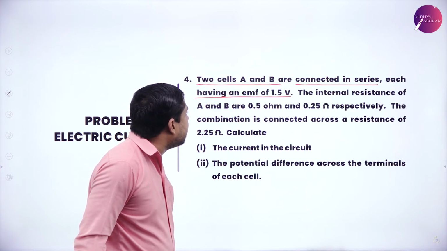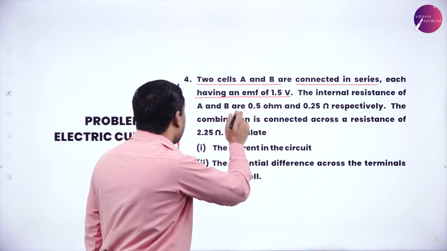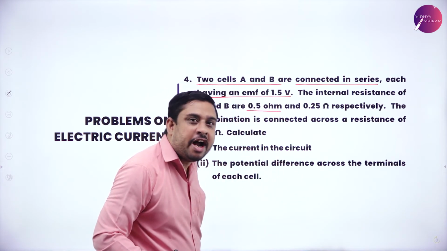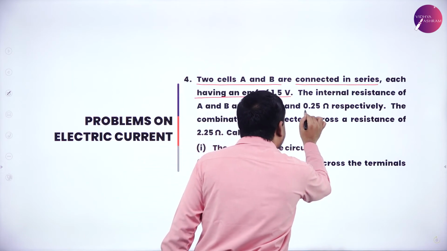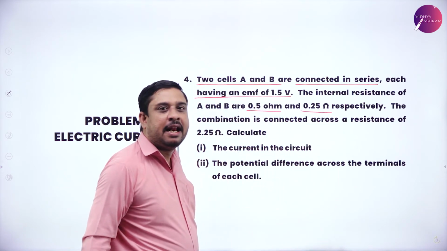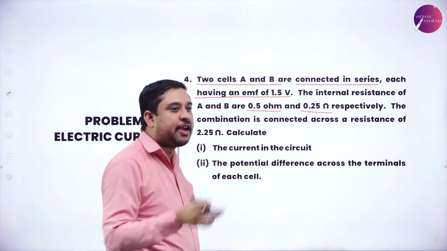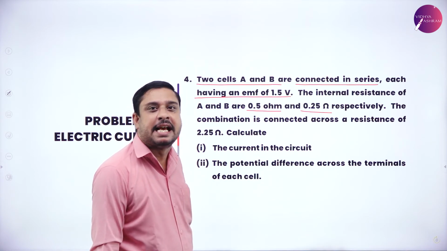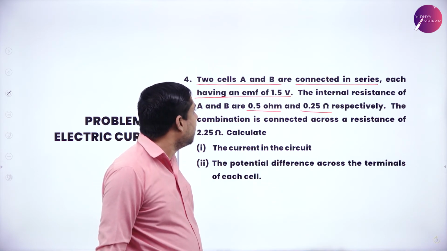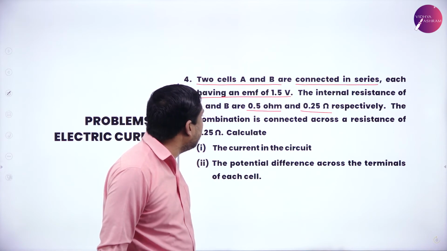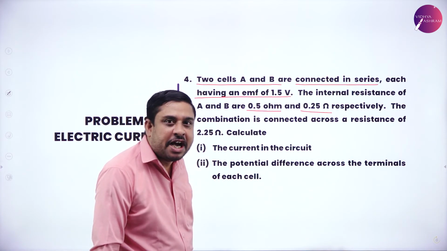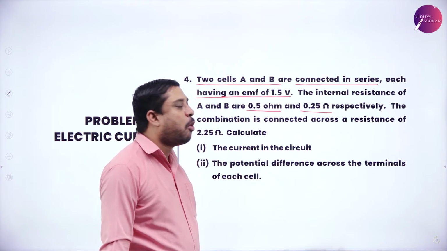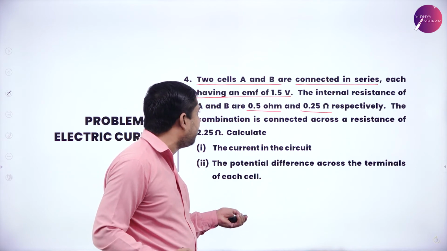The internal resistance of the first cell is 0.5 ohm and the second cell is 0.25 ohm respectively.